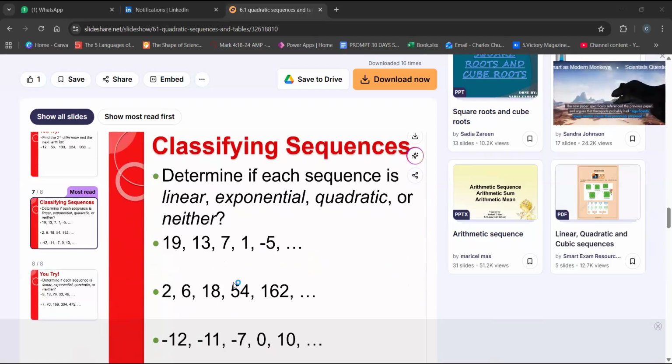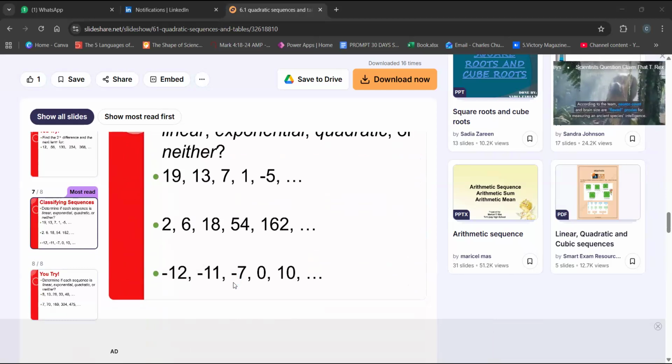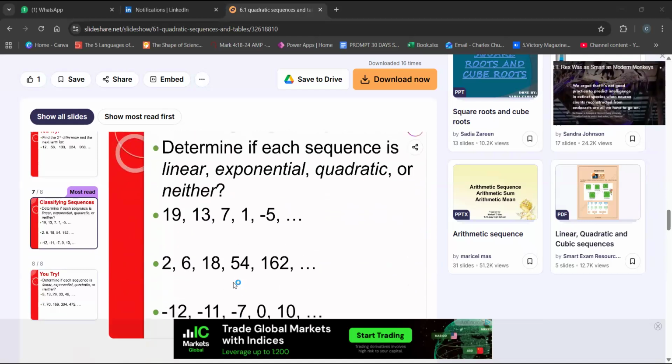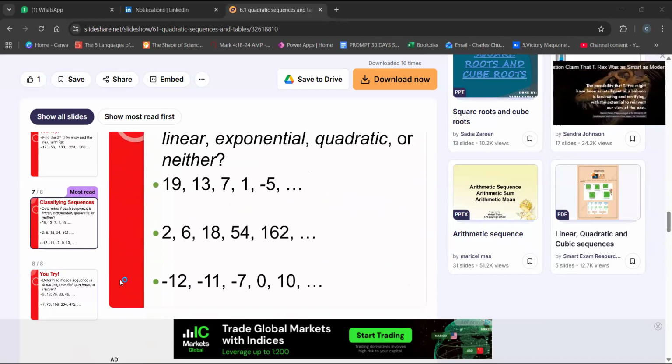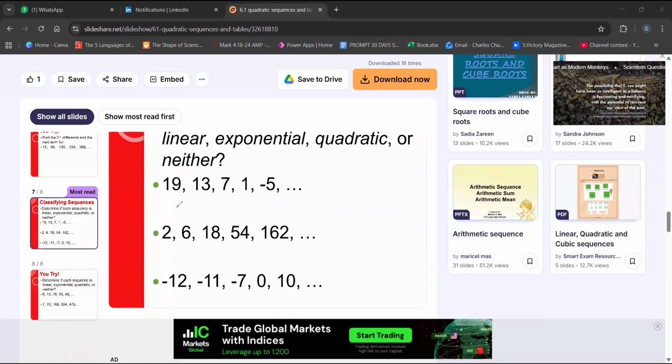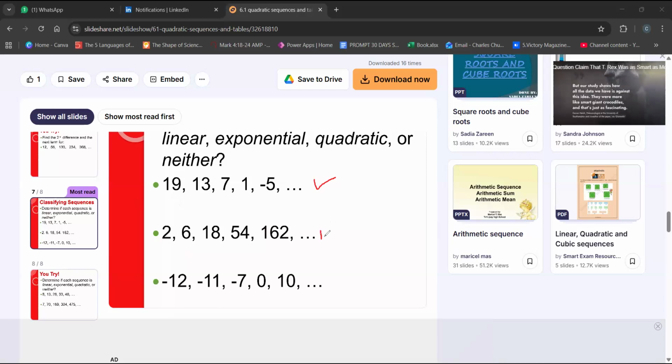Right. Now I think by examining these, you can know which one is arithmetic, which one is quadratic, and which one is geometric. Can you do that? Okay, I'll show you. Take a look at this one, this one, this one.